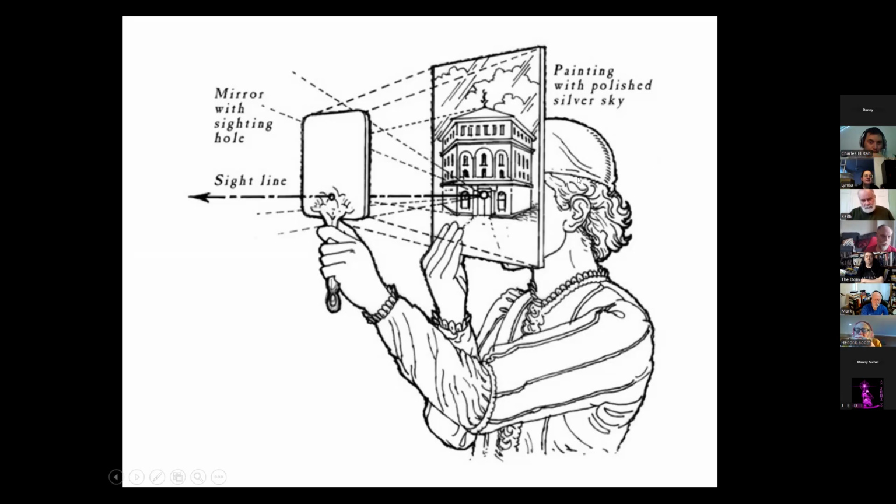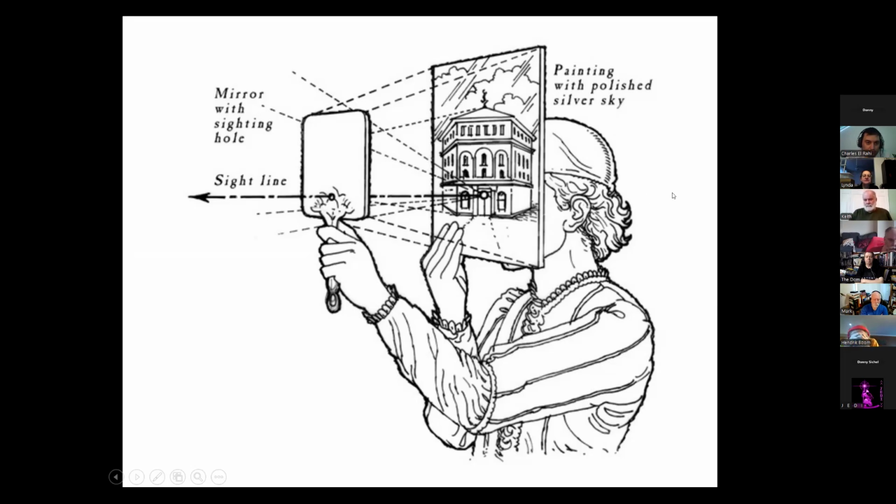So the person would be looking through this hole at the actual building off here on the left, and then you'd put up a mirror, and you would be looking at a mirror image of this painting that he did.